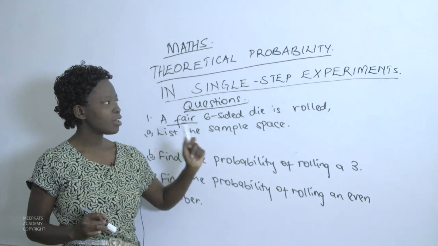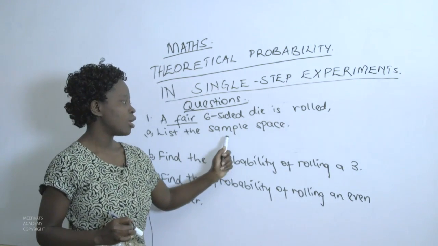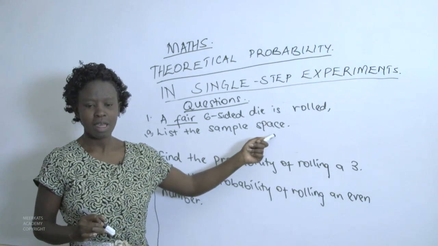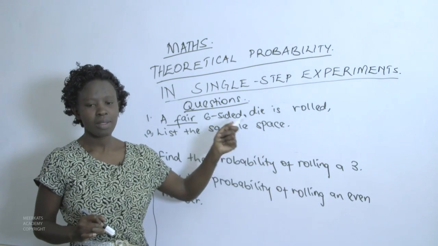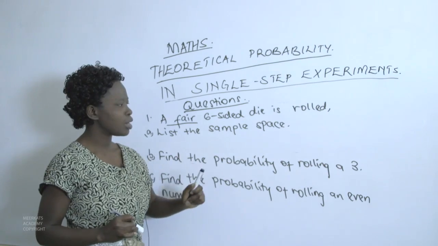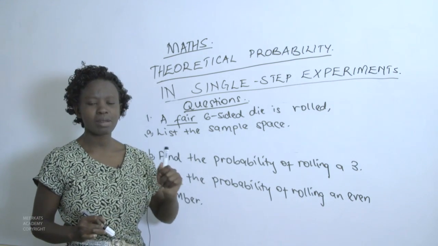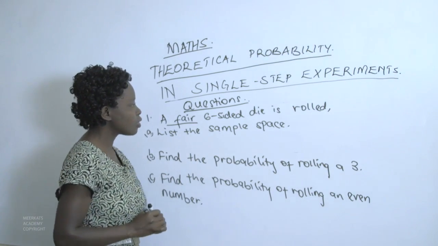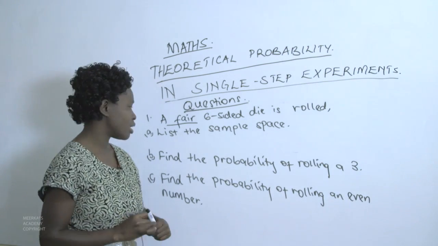When you are defining terms used in probability, we said that a sample space is simply all the outcomes that are expected to occur when an experiment is carried out. So in this case, we are having a 6-sided die.